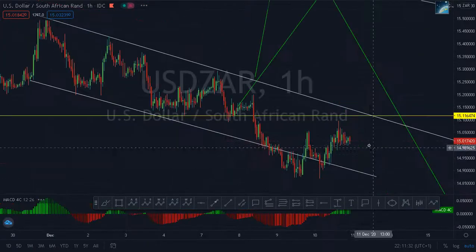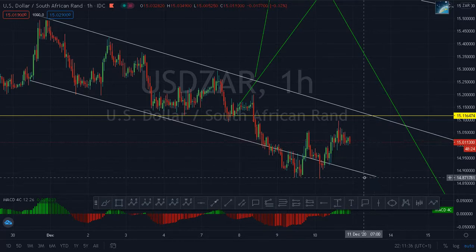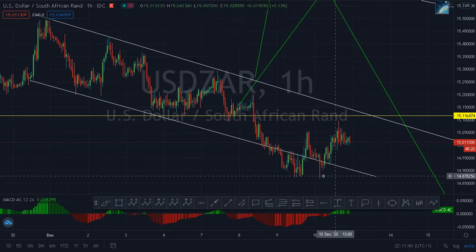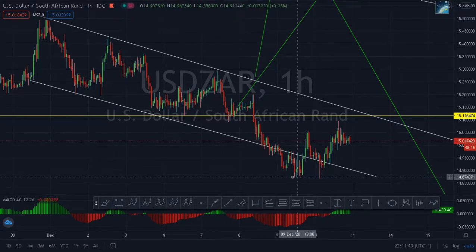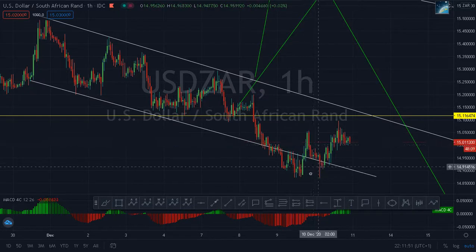1 hour and 4 hours is always the same thing. There is nothing new here, only that we saw a rejection candle. See this low, after this pullback the price tried to take out this low, but it could not.